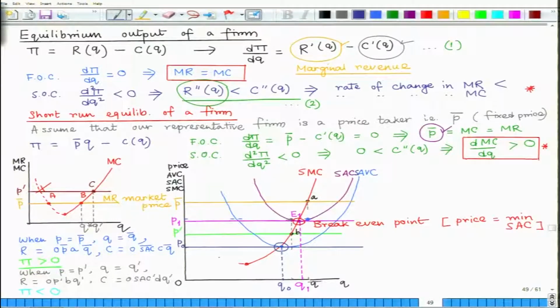What would be the variable cost of production in this case? It will be this area which currently I am marking by dots. This area is both the revenue that the firm earns by selling Q naught output level at P naught price in the market, and exactly the variable cost that it incurs to produce that level of output.